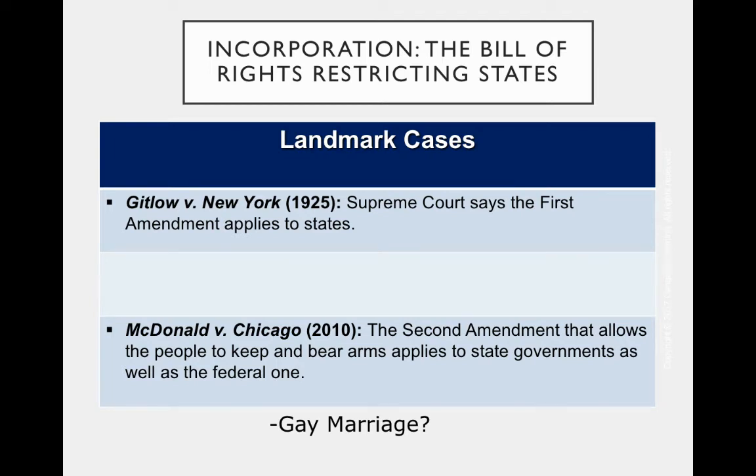The Supreme Court said the First Amendment applies to the states. That's why Gregory Johnson, when he got that flag and burned it, and Texas told him he could not, the Supreme Court was able to overrule that because the First Amendment in 1925 was incorporated, meaning it applied to the states, and Texas could not prevent someone's speech.